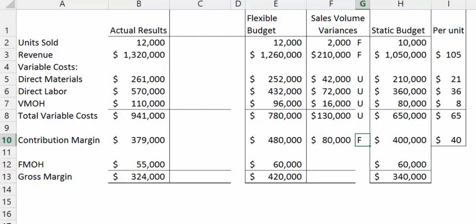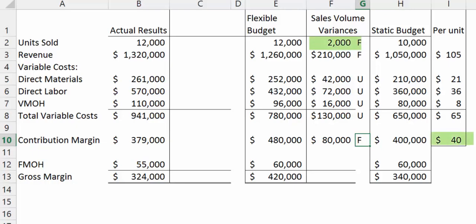This time, there are three ways to get there. I could have subtracted my flex budget contribution margin minus my static budget contribution margin. That would give me the $80,000 favorable variance. I could have taken the $210,000 favorable revenue variance, sales volume variance, and netted it against the sales volume variance for total variable costs.